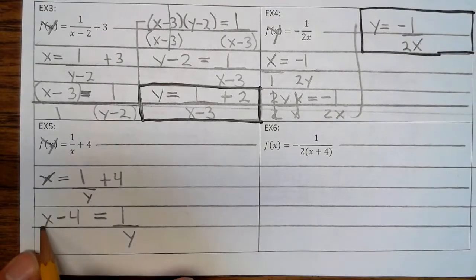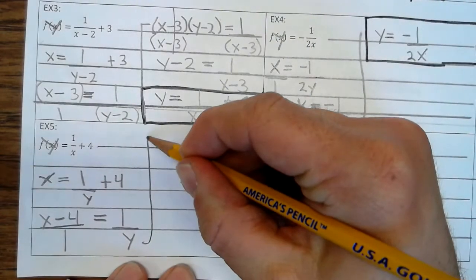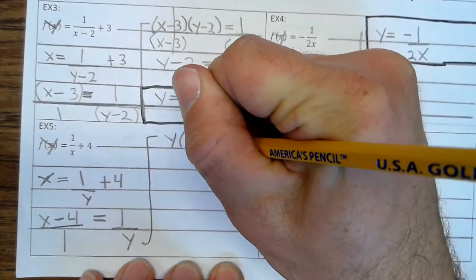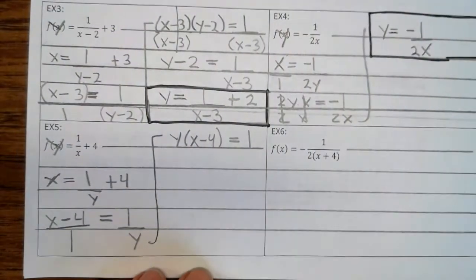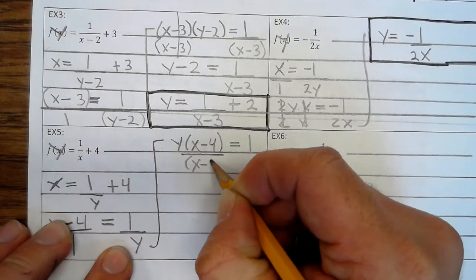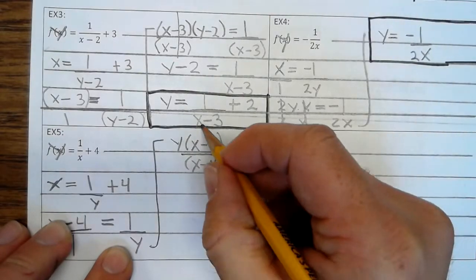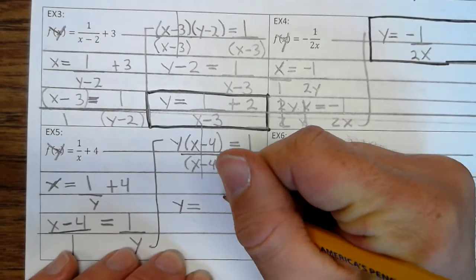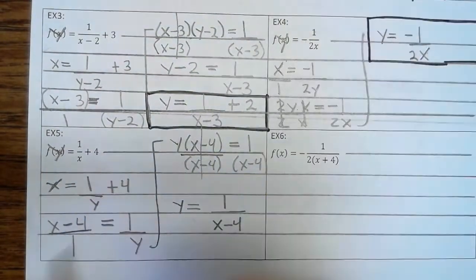And then we're going to divide this by 1 and then cross multiply. So then you get y times x minus 4 equals 1. Divide both sides by x minus 4. This becomes 1. So you get y equals 1 divided by x minus 4.